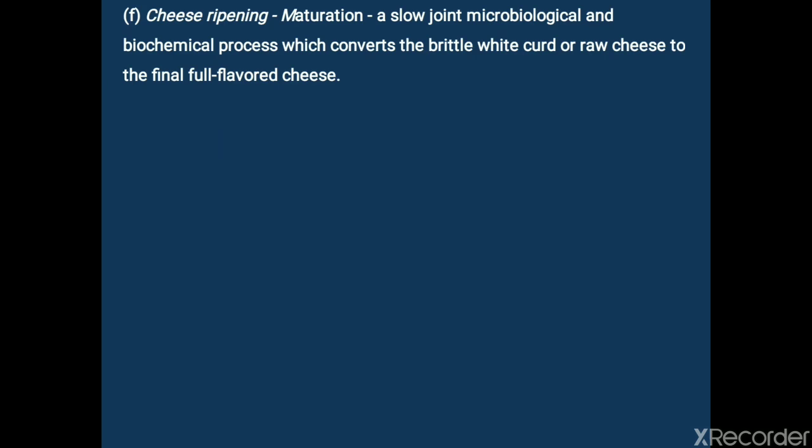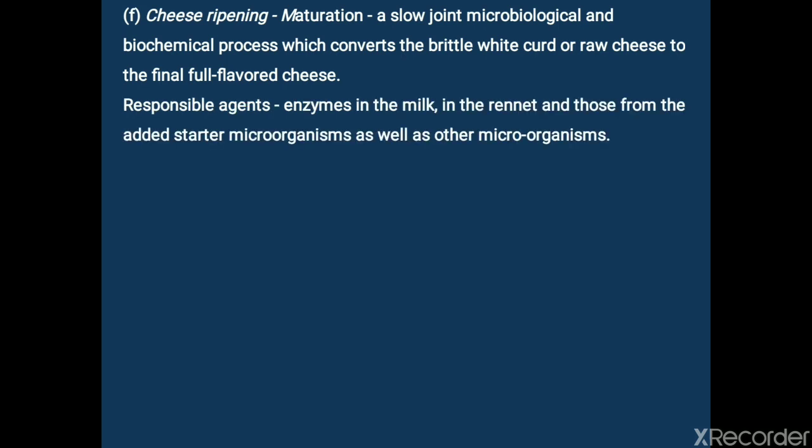Next step is the cheese maturation or cheese ripening. It is a slow joint microbiological and biochemical process which converts the brittle white curd or raw cheese to a final full flavored cheese. So in order to develop a particular taste and flavor, cheese needs a maturation process.